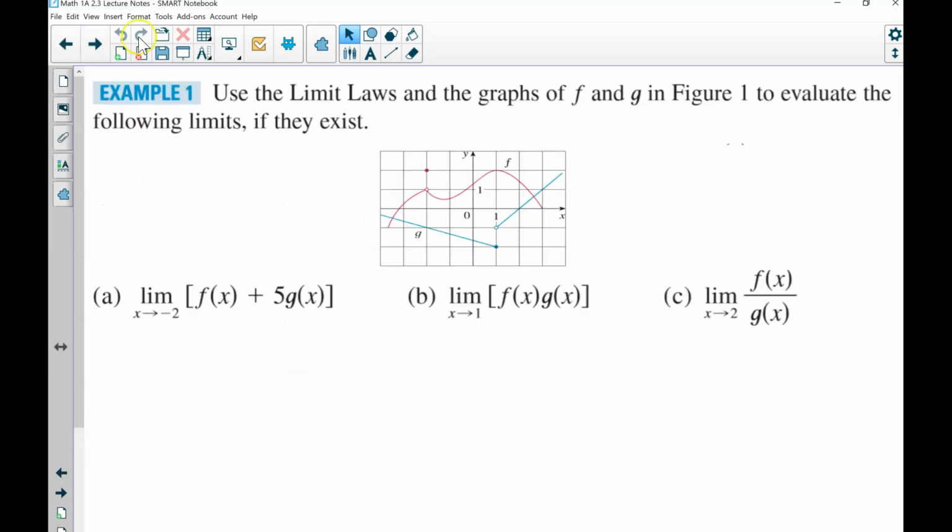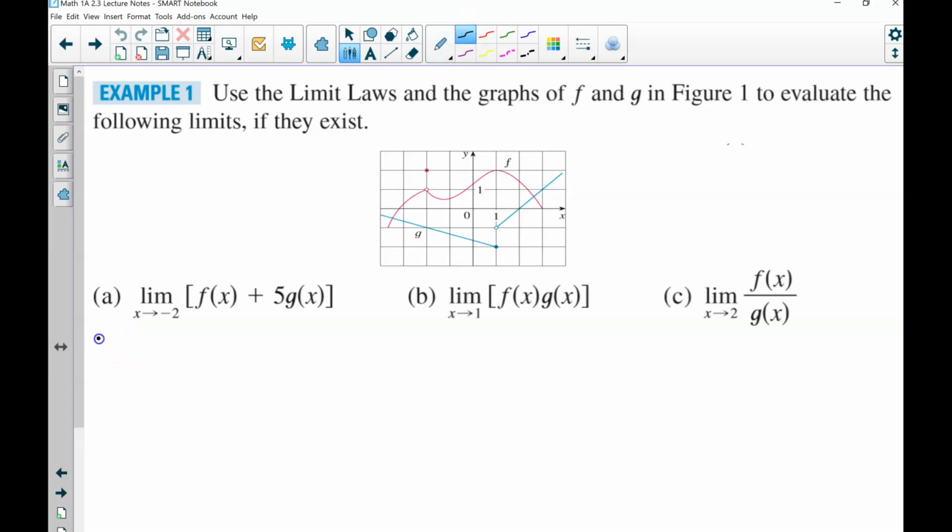Okay, let's first take a look at example number 1 using this following graph and evaluate the following limits. Now for part A, we have the limit as x approaches -2 of the sum of those functions, and the second function is being multiplied by a constant. So let's go ahead and use our limit laws first before we evaluate this.